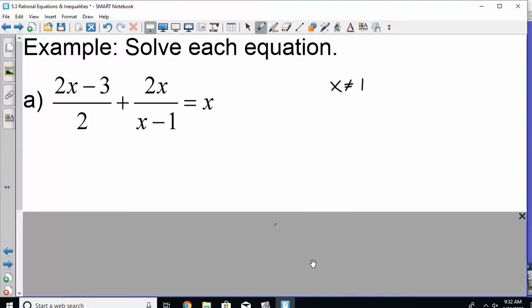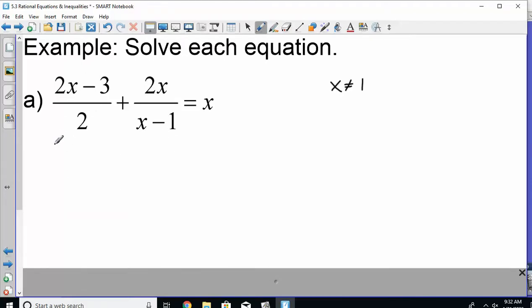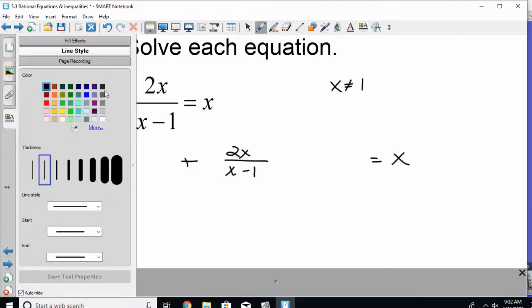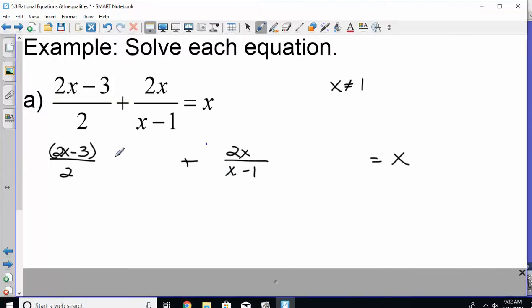Now, if I wanted to get rid of this denominator of 2, what would you do to everything? Multiply it by 2. We also need to get rid of an x minus 1, so we have to multiply by x minus 1. All right, I'm going to rewrite mine so I can be very clear about what I'm doing. You may not need to do this step. You told me we have to multiply by 2, so if I do it to 1, I have to do it to all of them.